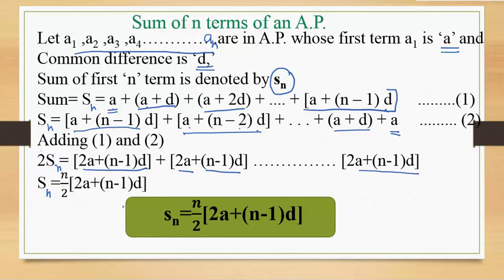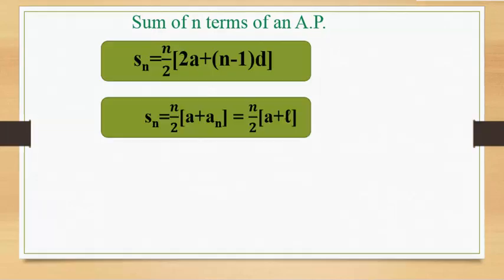So the formula of Sn is n by 2 into 2a plus n minus 1 into d. So this will be the formula of sum of n terms of an AP.